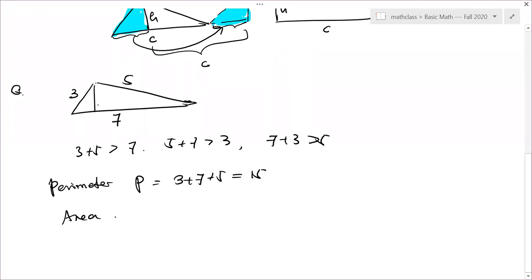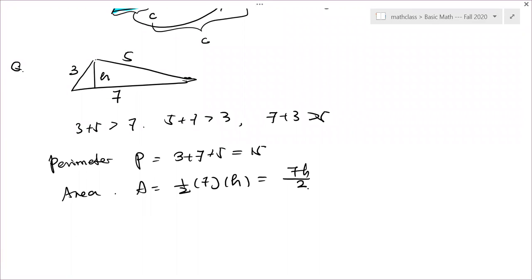If you know the height H, the area is going to be half of 7 times H, so 7H divided by 2. But we don't know the H. We can find out later.